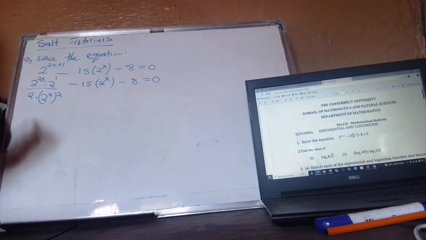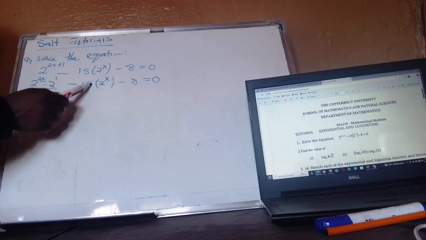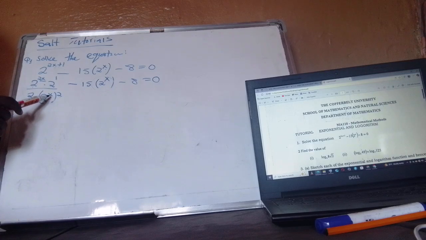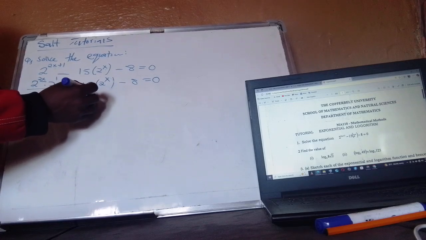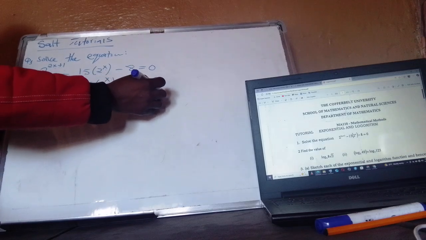If you have any equation in this format, your aim is to make sure that what you see here is also visible there. No wonder I'm breaking down the 2 power 2x to be 2 power x multiplied by 2 power x, so that from there we have minus 15 times 2 power x, minus 8, equal to 0.